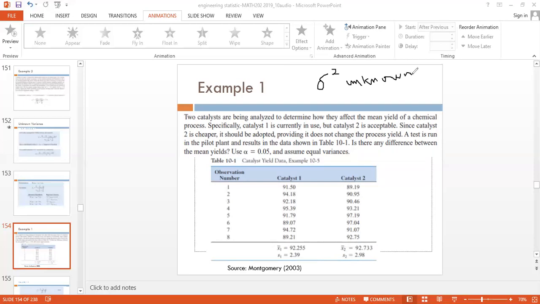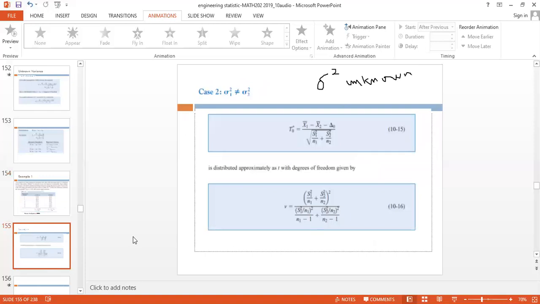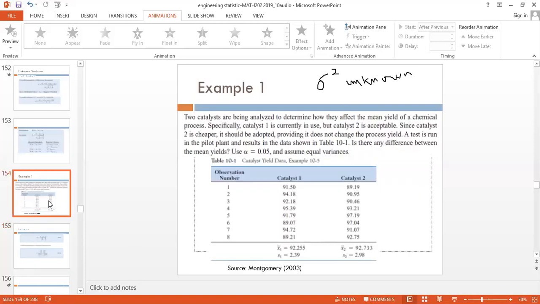But we are assuming that since we are coming from the same population, the population variances should be equal. Now let's go to the tests. In the test procedure, like we said earlier, it is still going to be the same. Let me create a page for that.